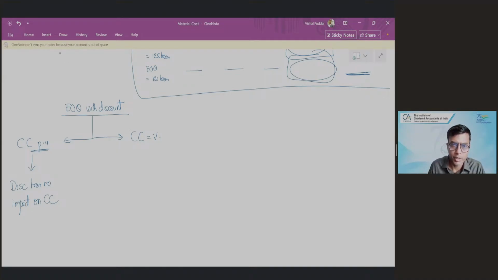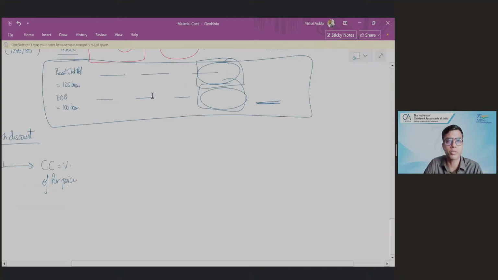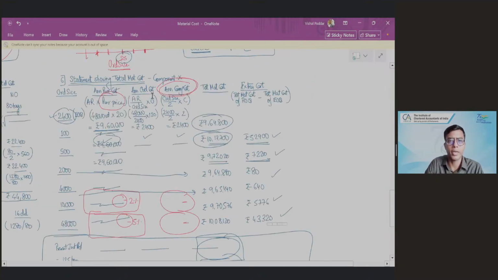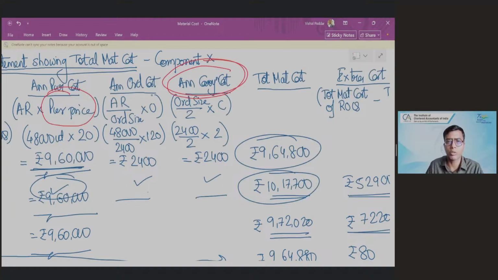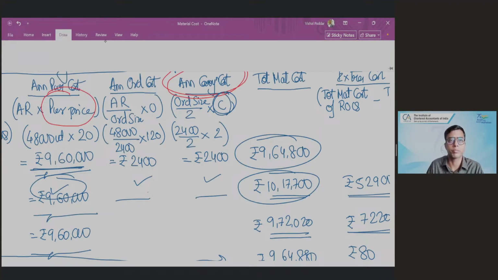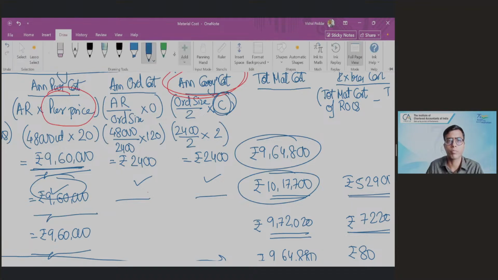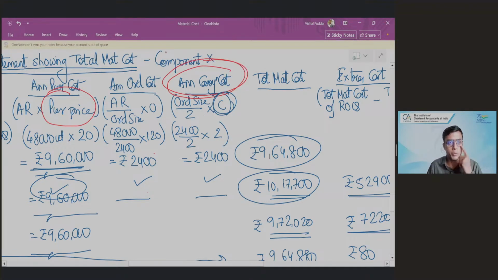But where carrying cost is given as a percentage of purchase price, like in the majority of the sums, where carrying cost was 10%, 2%, 5% of the price, now understand: if carrying cost is a percentage of price, and I am reducing my price for the discount, will it not reduce the carrying cost also?